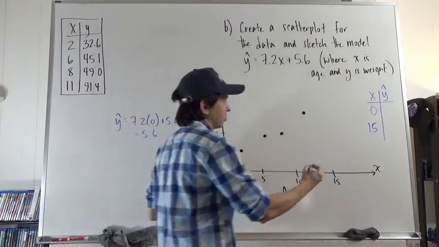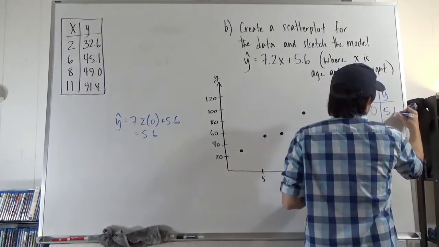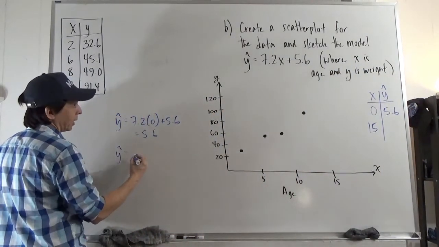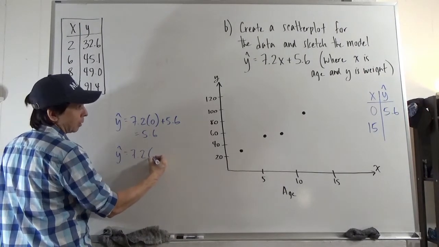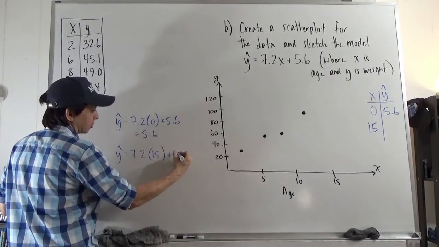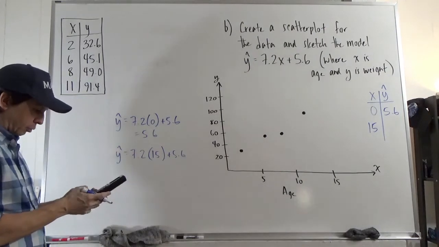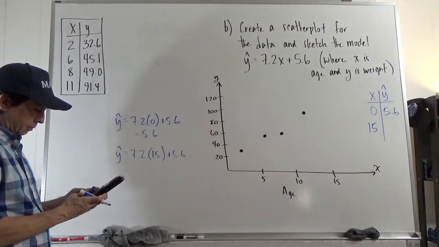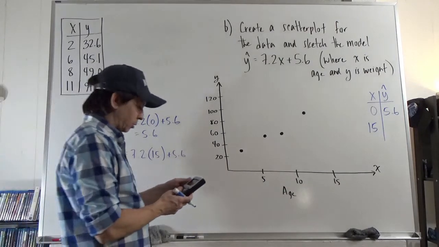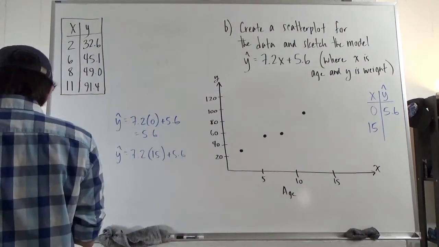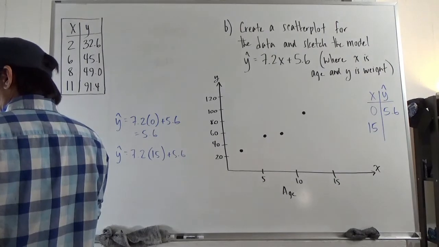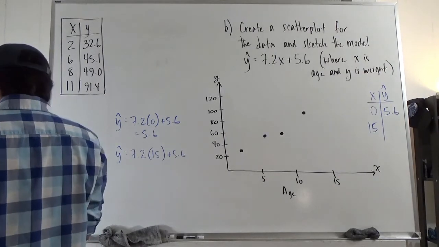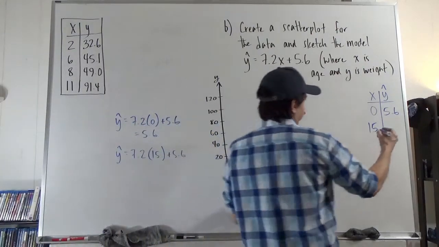That's 5.6. Then y hat is equal to 7.2 times 15 plus 5.6. That one I have to use my calculator for. That's 113.6 pounds.